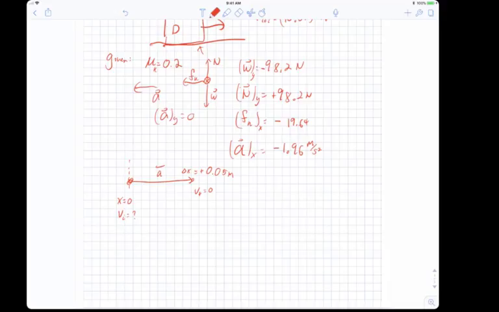All right, so let's plug this into the constant acceleration equation. Initial position is 0. Initial velocity, vi, times t, minus 1.96 divided by 2 t squared. Your final velocity is 0, so it's your initial velocity minus 1.96 times t.